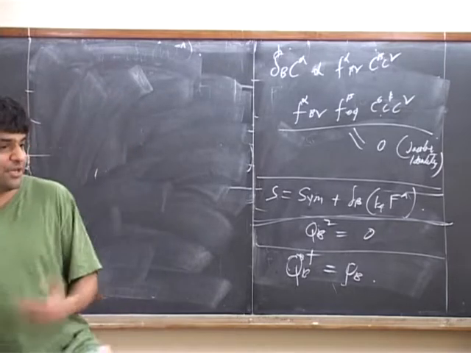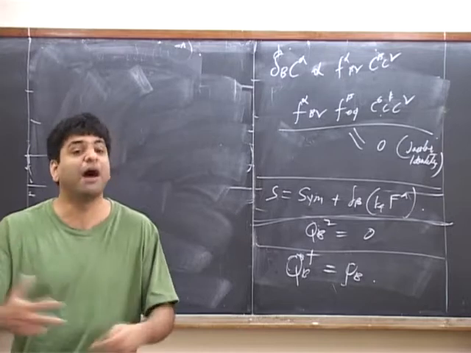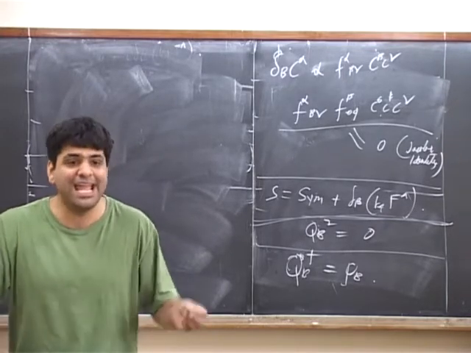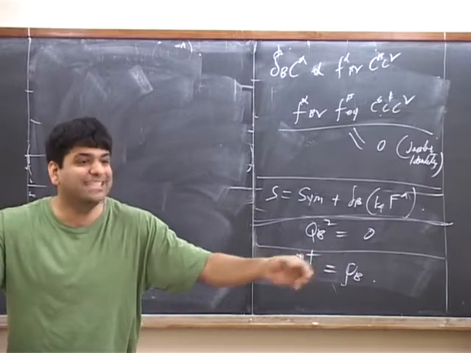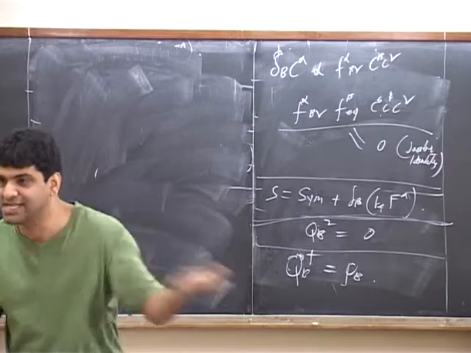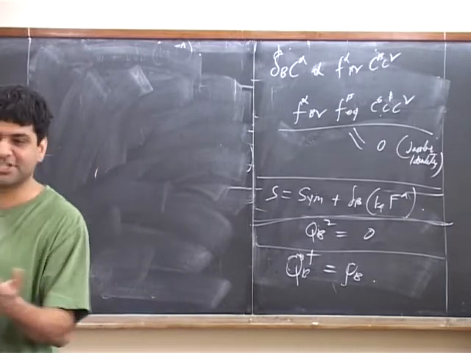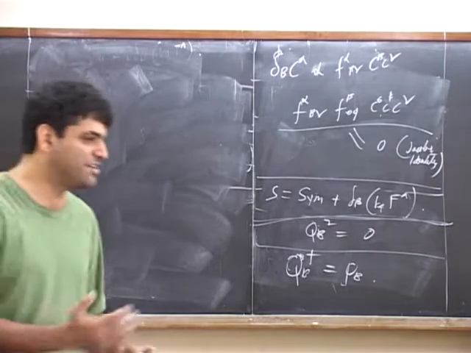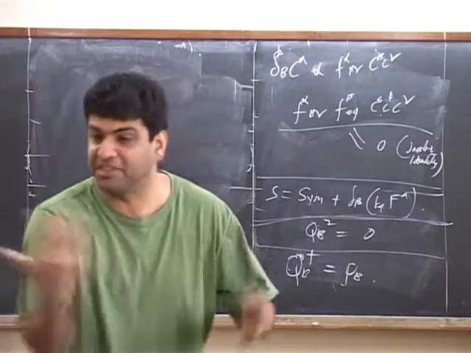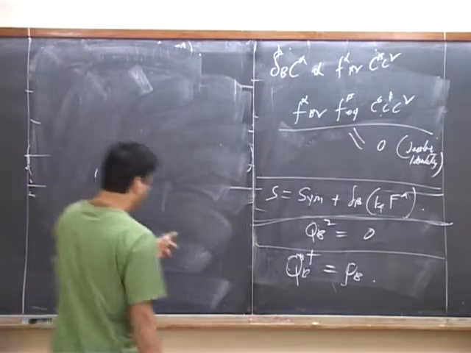If any calculation we do reflects properties of the theory and not of an arbitrary choice of gauge fixing parameter, then any calculation we do should be invariant under a small deformation of this FA gauge fixing function. Any calculation that depends on FA talks about the way we set up the calculation rather than the theory.